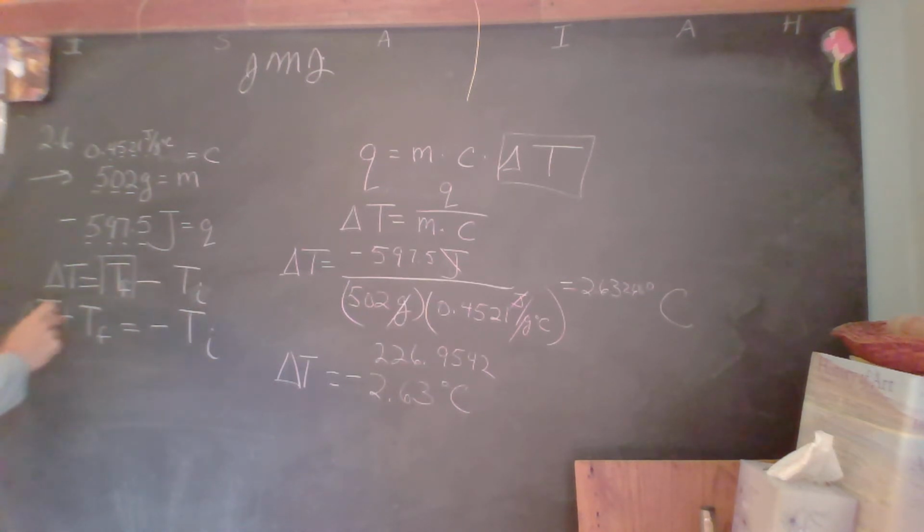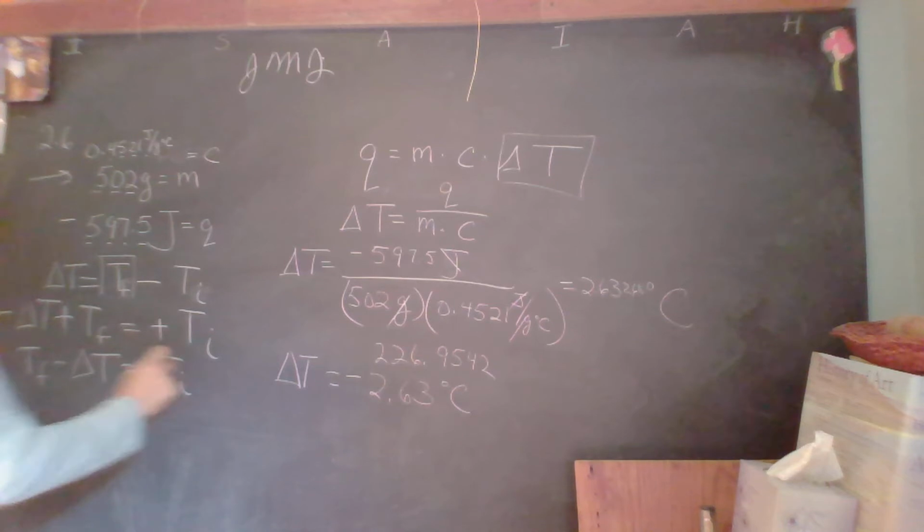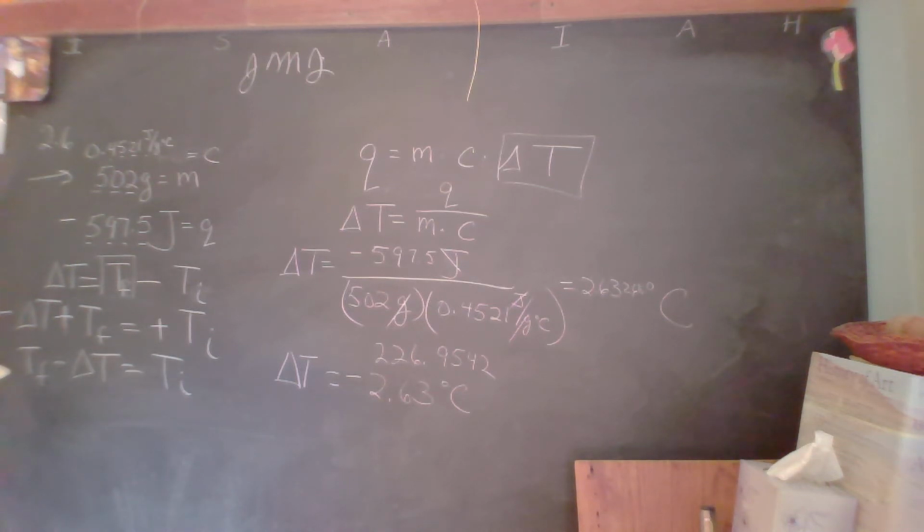Okay, now I'm going to make all these positive, negative, so I say temperature final minus delta temperature equals initial temperature.